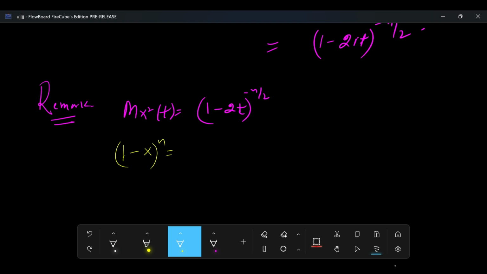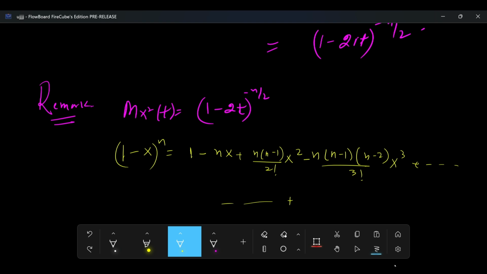If I expand, 1 minus x to the power minus n is equal to 1 minus nx plus n minus 1 upon 2 factorial times x squared minus n minus 1, n minus 2 upon 3 factorial x cubed, plus up to n terms.